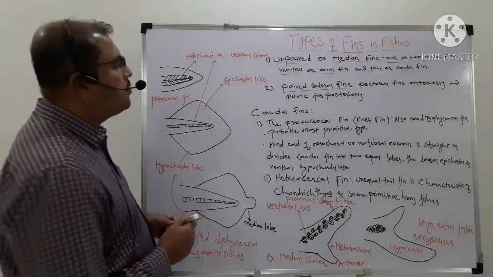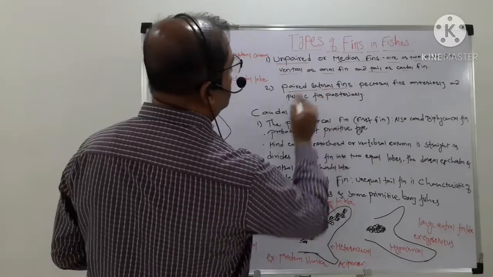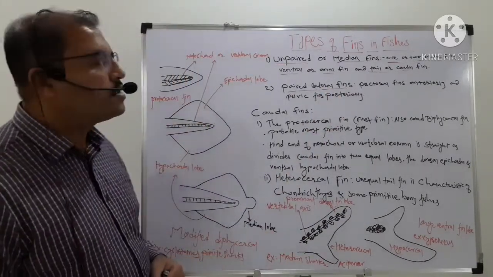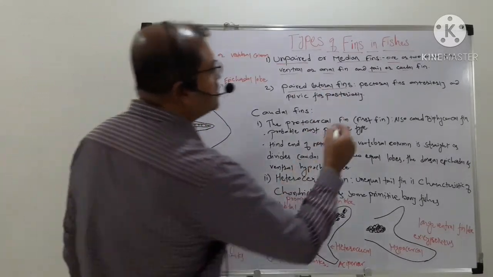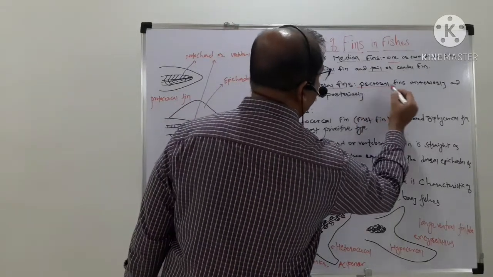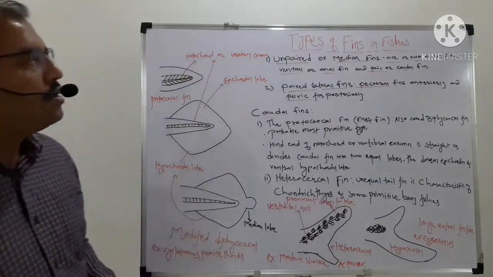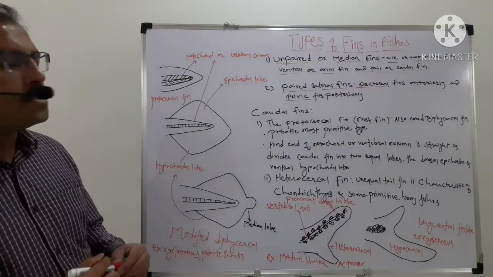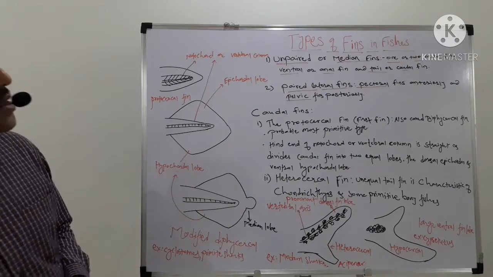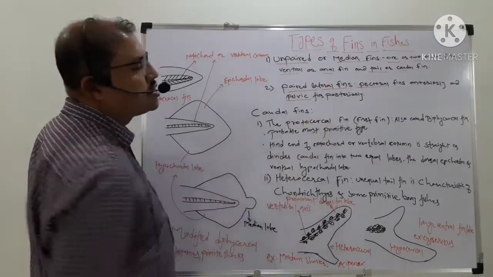The second type of fins are paired lateral fins, which are present on the lateral sides of the body, and these include two groups. One is pectoral and another is pelvic. The pectoral fin is present anteriorly, while the pelvic fin is present posteriorly.